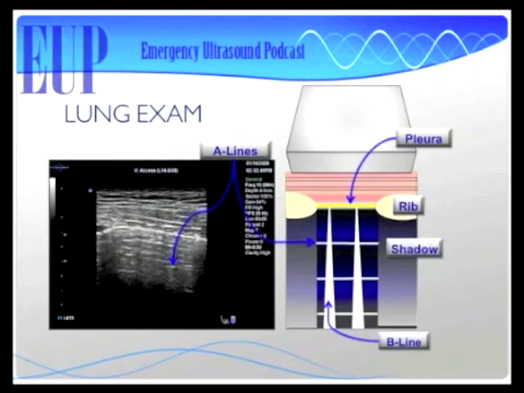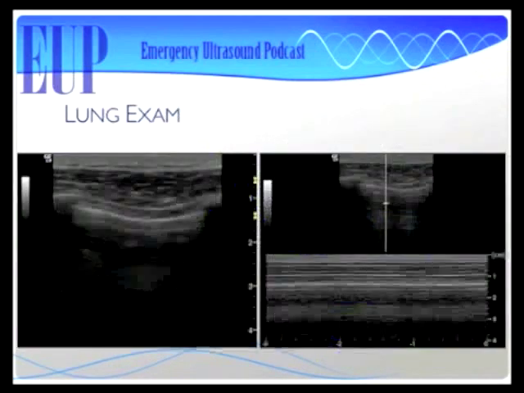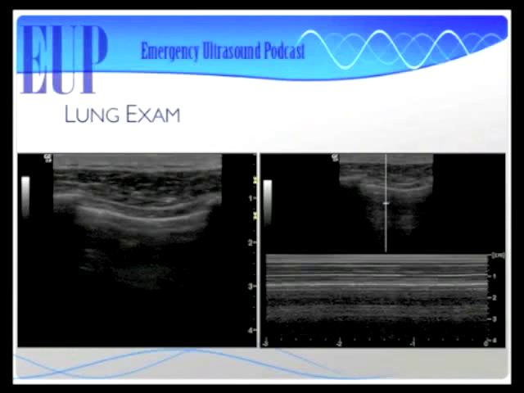Basically, it is a horizontal line that is equidistant from the pleural line as the pleural line is from the top of the probe. There can be more than one of them. They can continue down in equal depths from one another. They run in the same direction as the pleural line. It's basically just reverberation artifact. All in all, not that helpful.